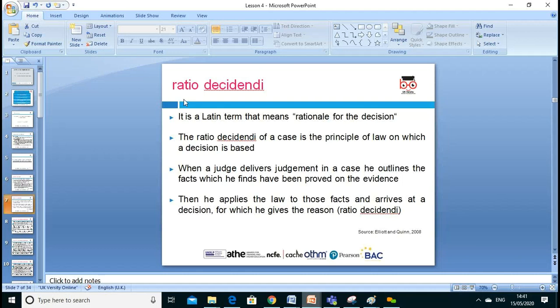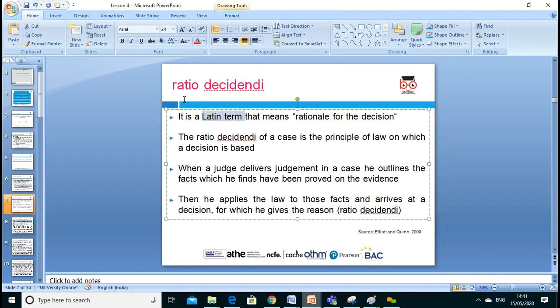Okay, next terminology. This word is also derived from Latin terms, which basically is what they call in lamination now. Okay, ratio decidendi, the reason for the decision. So you need to look at the principle of law on which the decision is based.